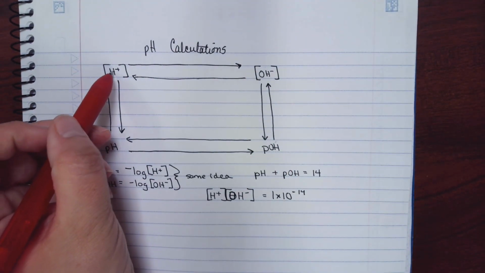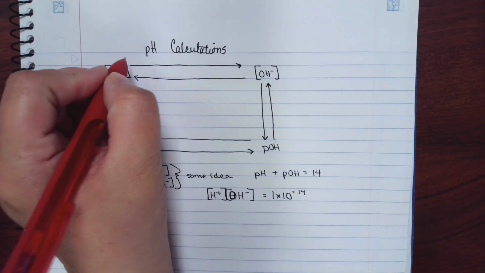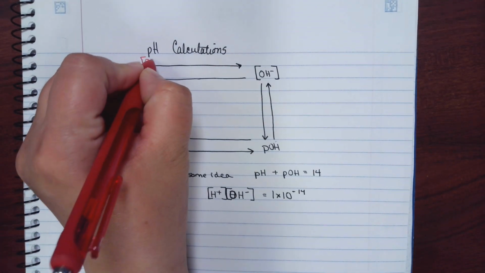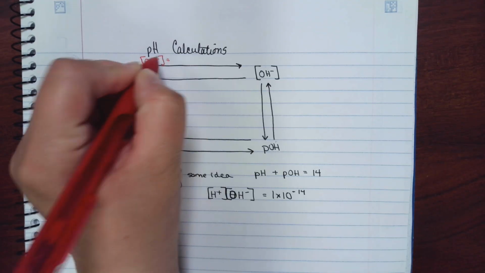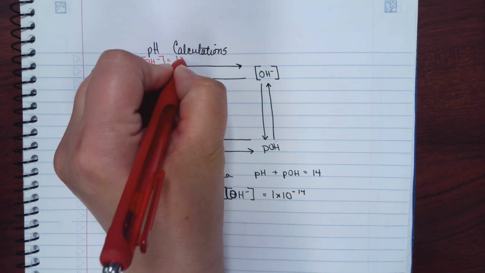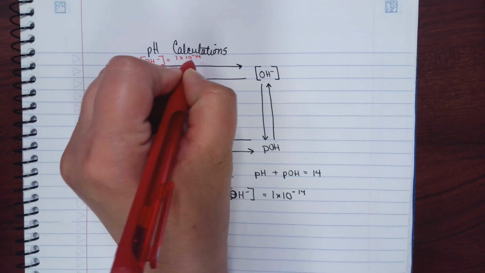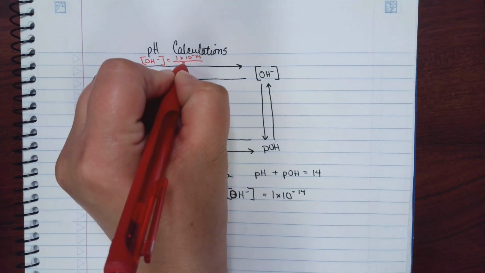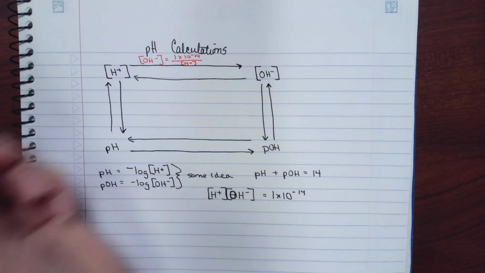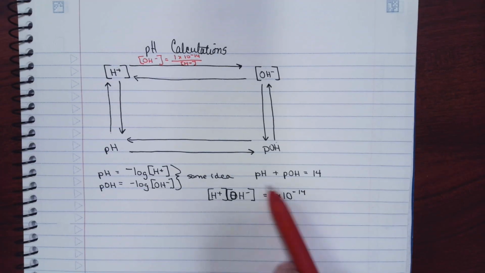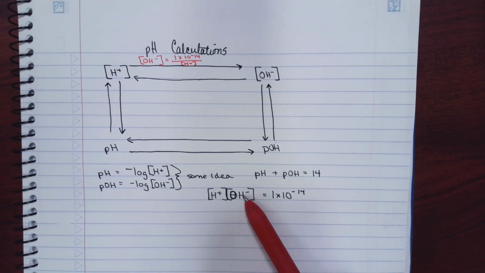So if I want to go from H to OH, my OH concentration is going to be equal to 1 times 10 to the minus 14th divided by the concentration of my H. Okay, that's this equation solved for your OH.